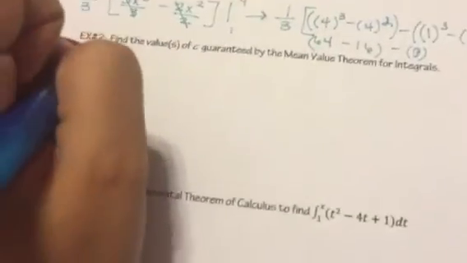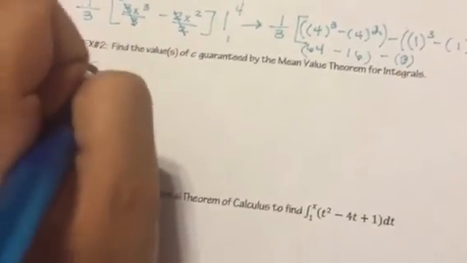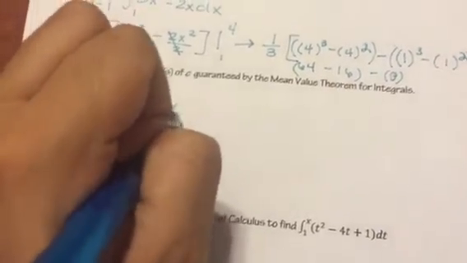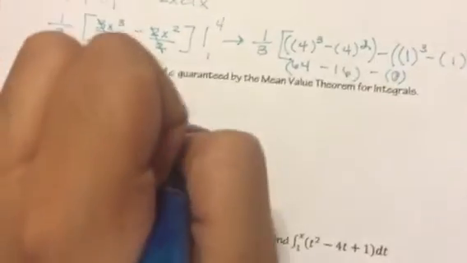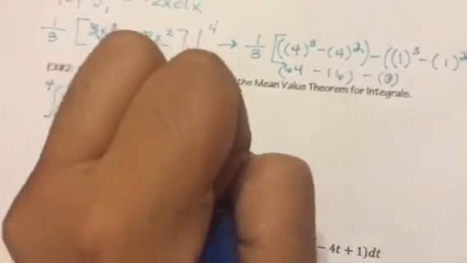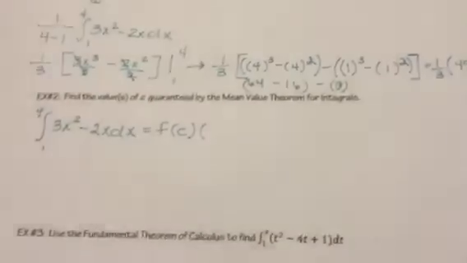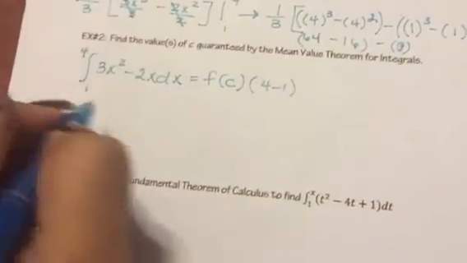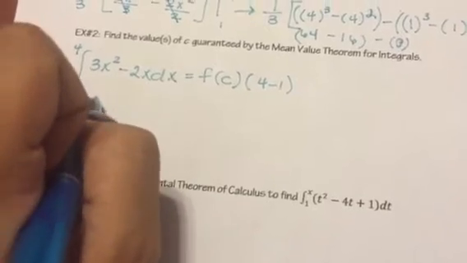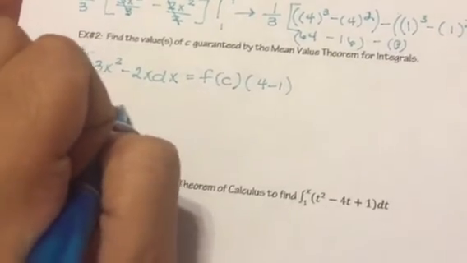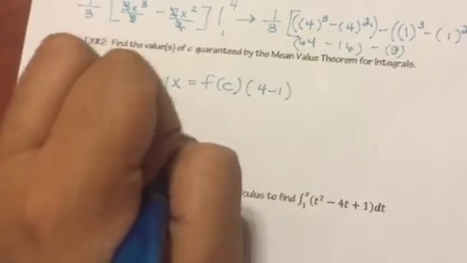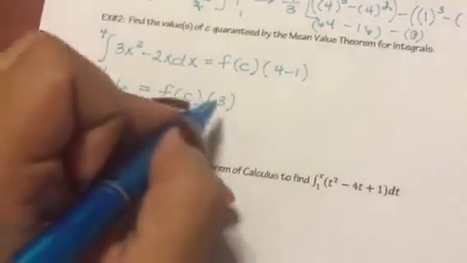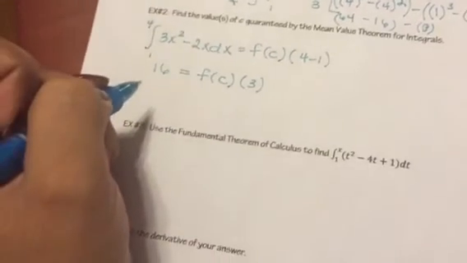We're going to take the integral from 1 to 4 of 3x squared minus 2x dx, and we're going to set it equal to f of c times 4 minus 1.